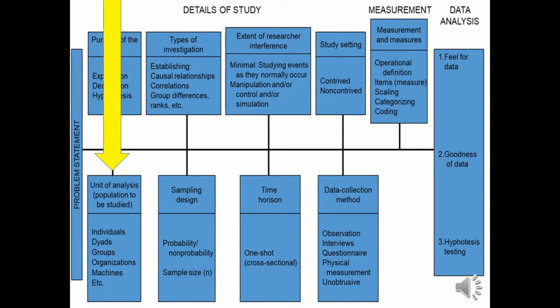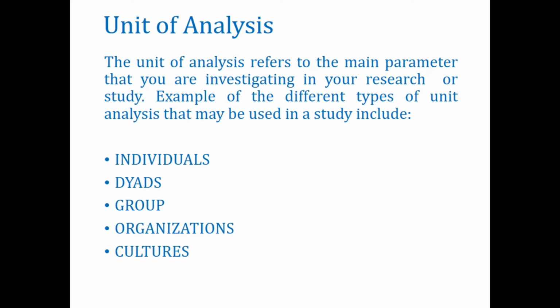The unit of analysis consists of individuals, dyads, groups, organizations, machines and equipment, and so on. The unit of analysis refers to the main parameter that you are investigating in your research. Examples of the different types of units of analysis that researchers may use in a study include the following elements: individuals, dyads, groups, organizations and culture.